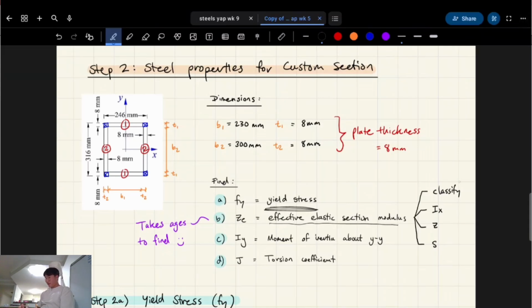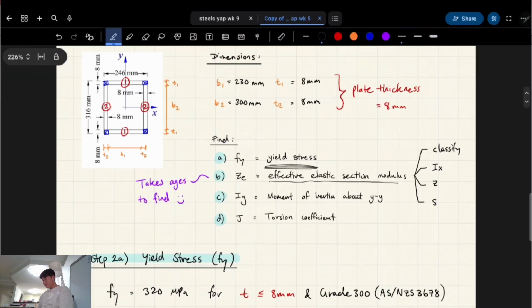It's hard because there are basically 4 steps. You have to classify it, whether it's a slender, compact or non-compact section. Then you have to find Ix, which is the moment of inertia. Then you have to find what Z and S are, and then you can finally get Ze. Those are all the parts you need.